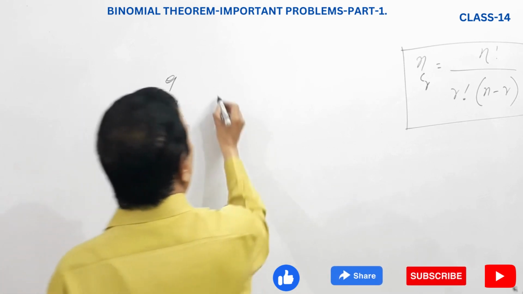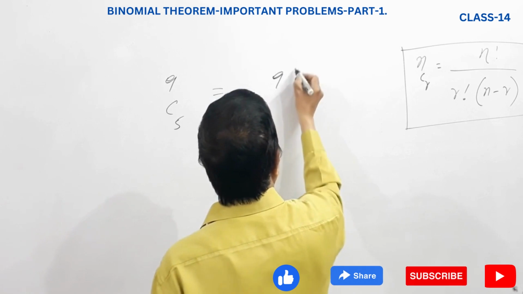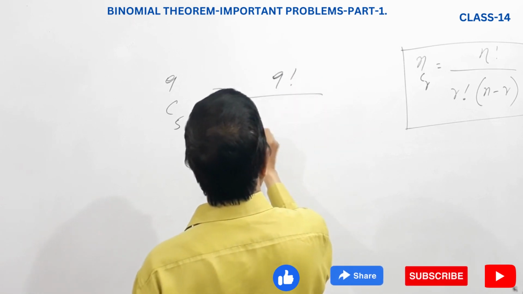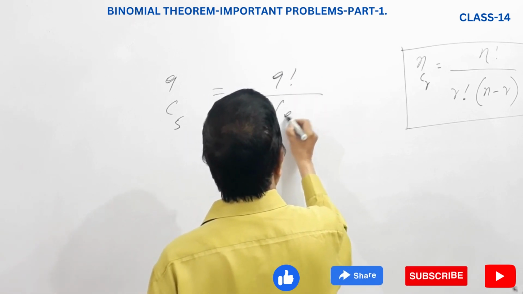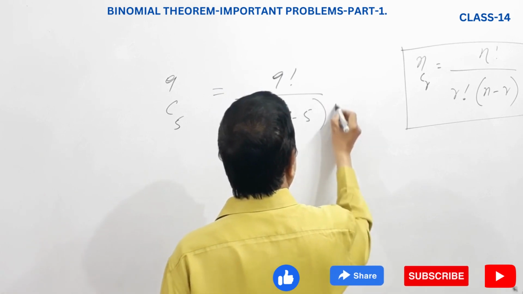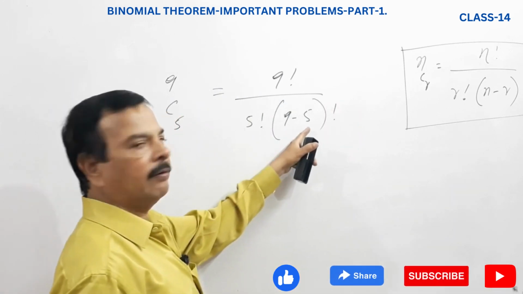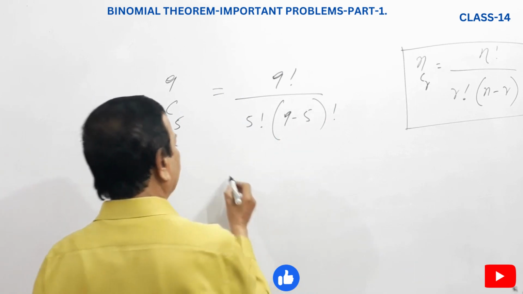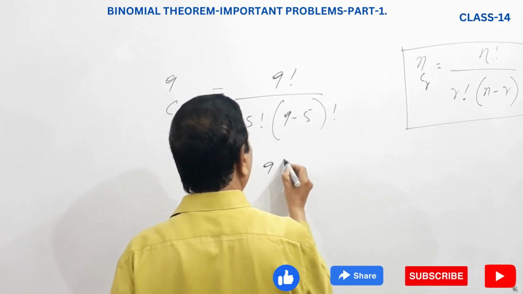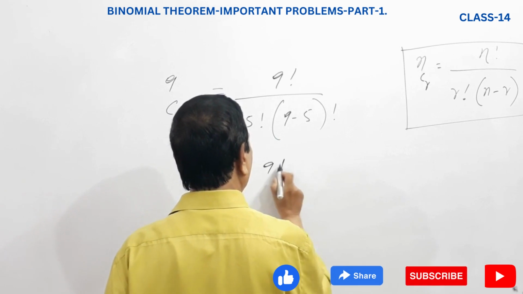9 C 5, that is 9 factorial by 5 factorial into (9 minus 5) factorial. Here 9 minus 5 is 4 factorial.